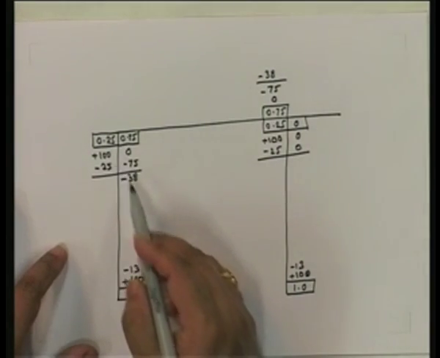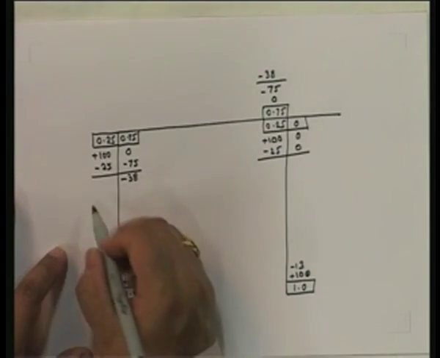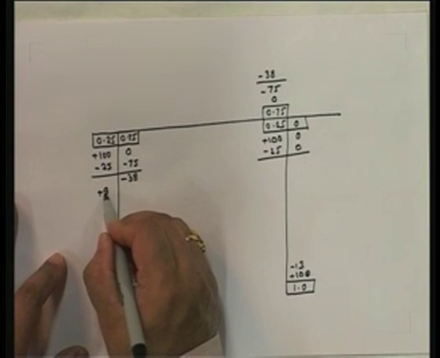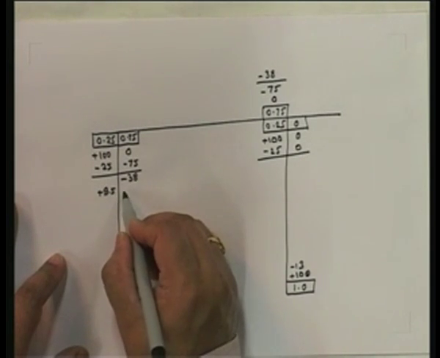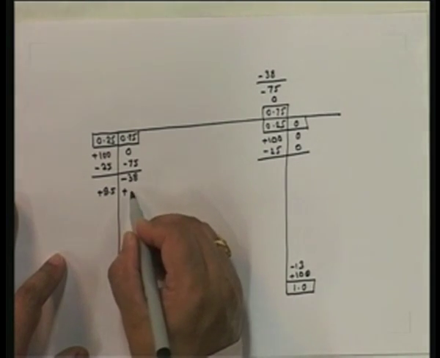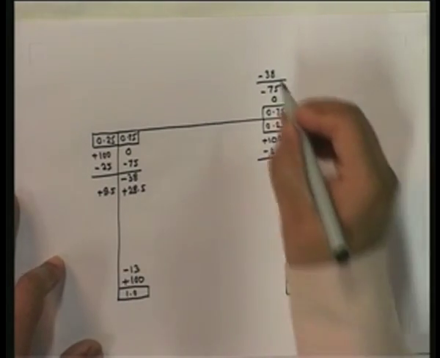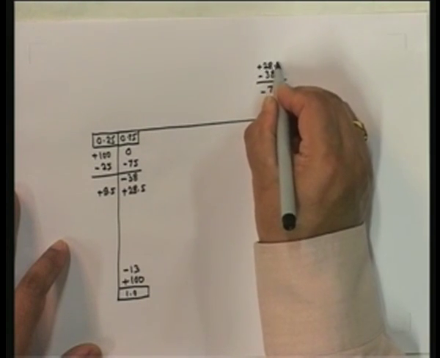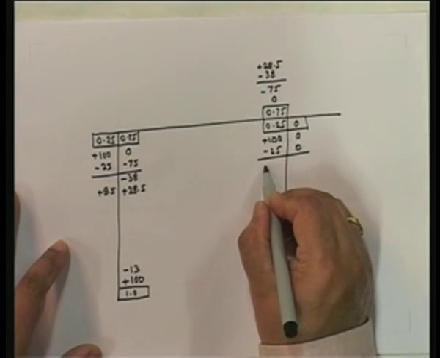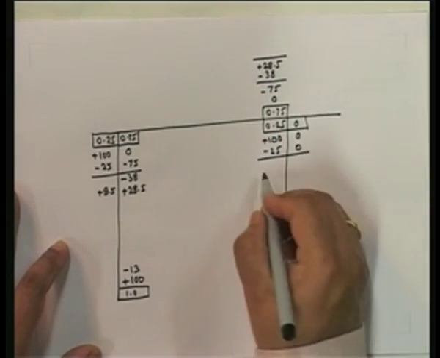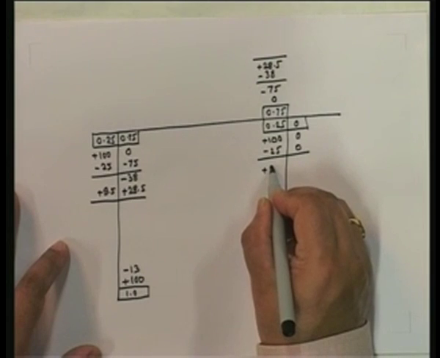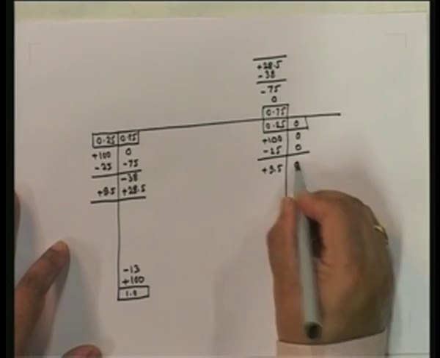Now again we just have this. So this is going to be 1/4. So this is going to be plus 9.5, and this is going to be plus 28.5. This is going to be again plus 28.5 and plus 9.50.